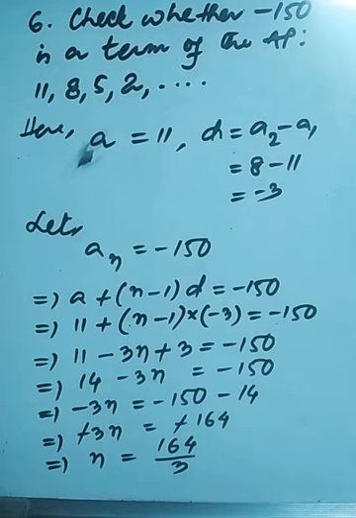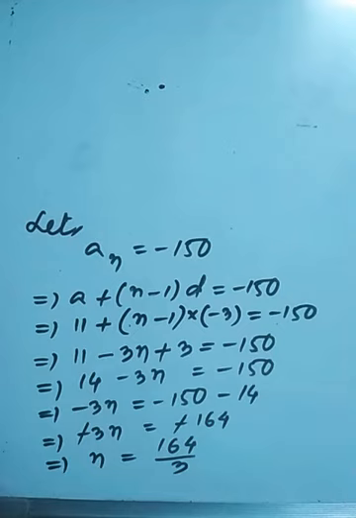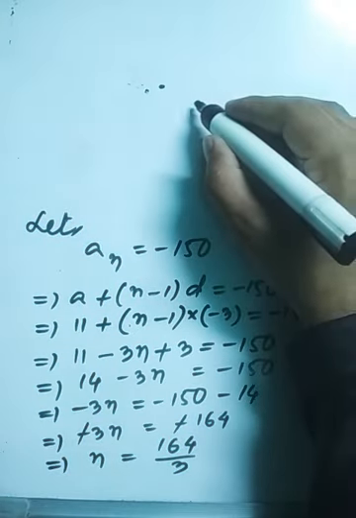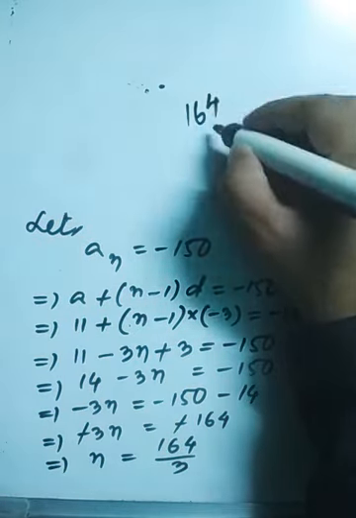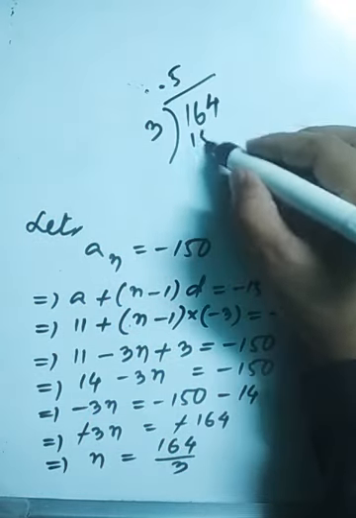So now 3 is going to divide 164. So when we divide, will that quotient be a natural number or not? Of course it will not be, but let me just show you the division. 164 divided by 3. 3, 5, 15.